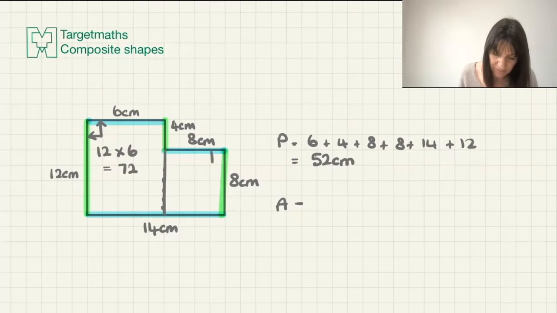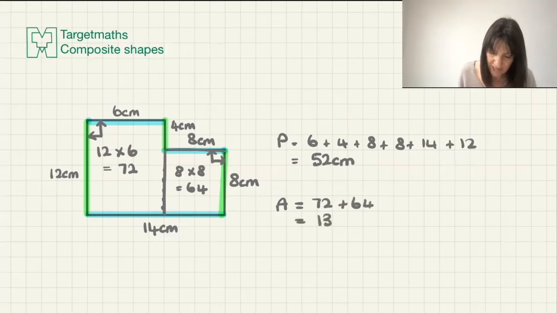And I'm going to do another right angle. And it's pointing to my 8 and my 8. So I've got 8 times 8, which is 64. The area is going to be both those rectangles added together. I want the total area of the shape. That's going to give me 136 centimeters squared because it's area.